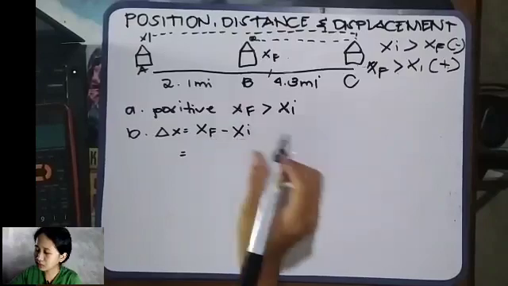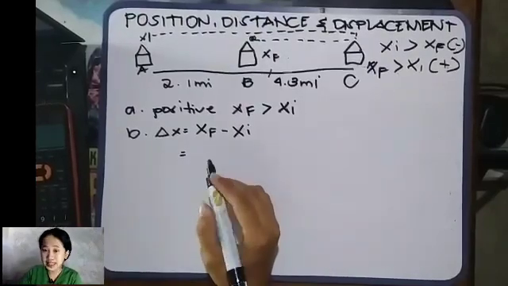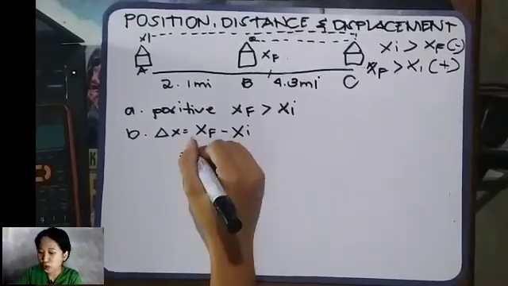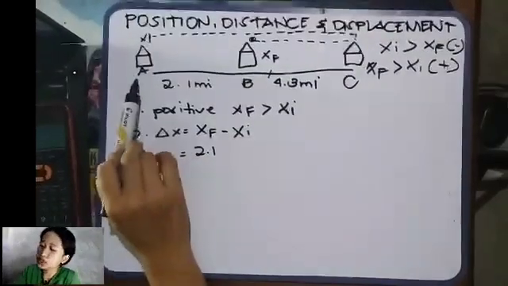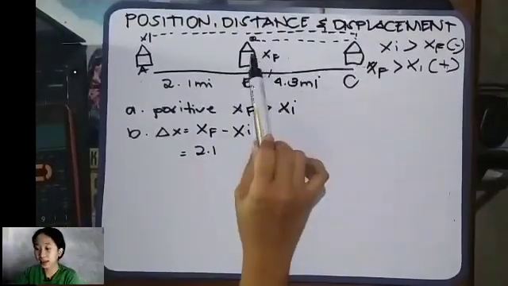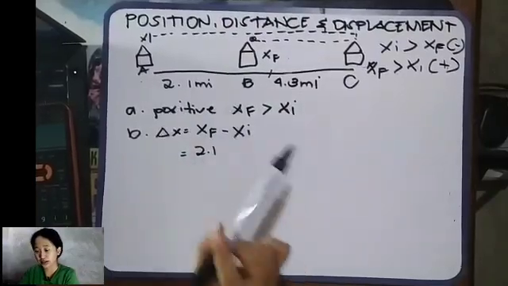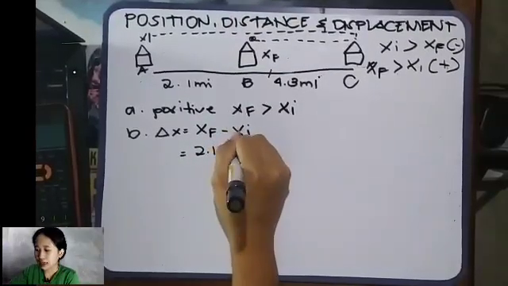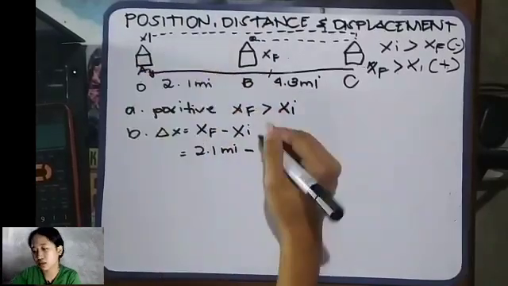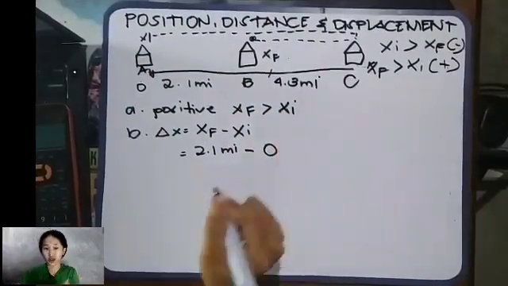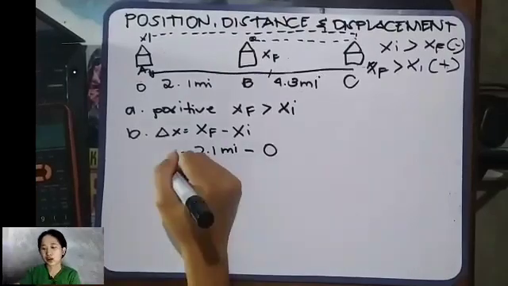Final position natin is 2.1 miles. Di ba? Ito yung initial natin, then ito yung final. So, gaano bang kalayo yon? 2.1 miles lang, di ba? Minus initial position natin, which is house A na 0 lang. Initial, so starting point. 0 yan, wala pang bilang.